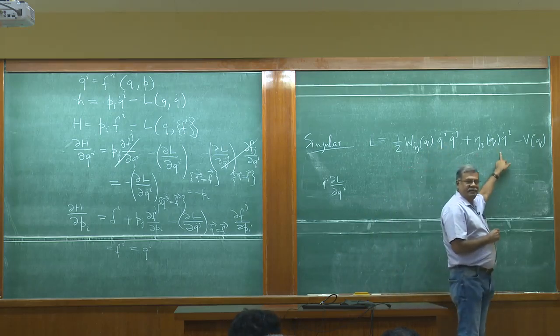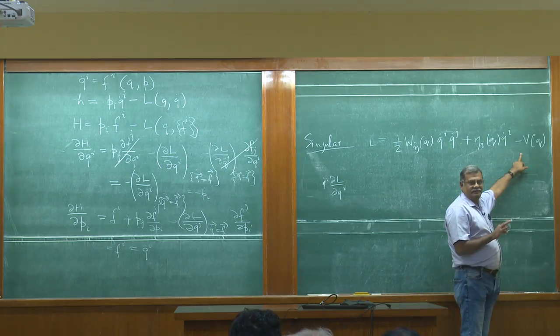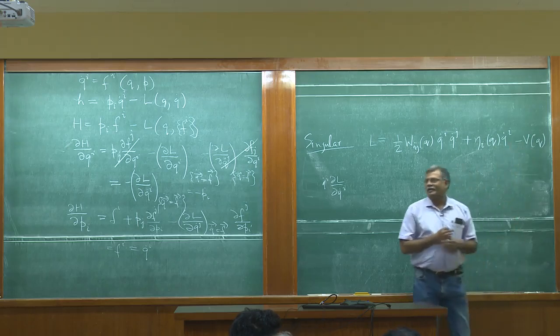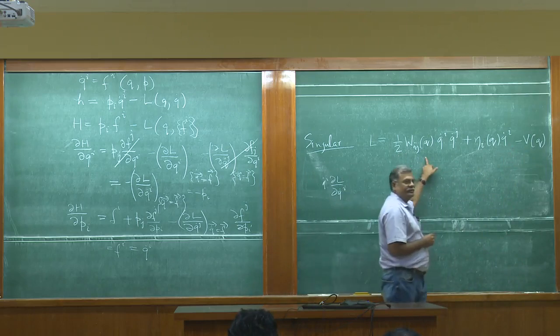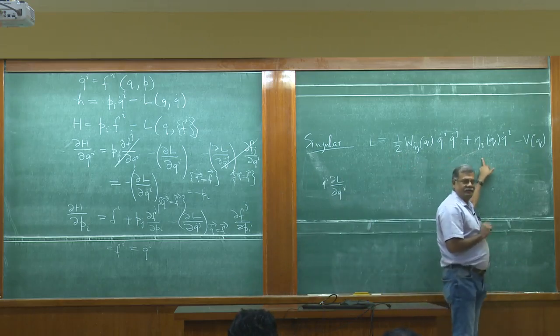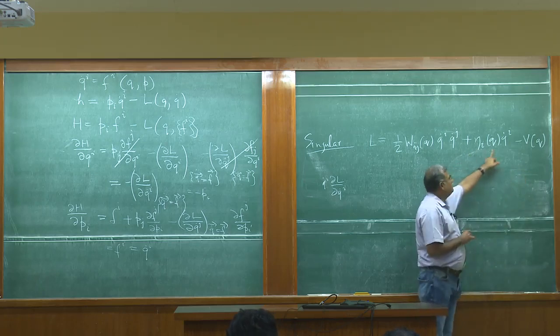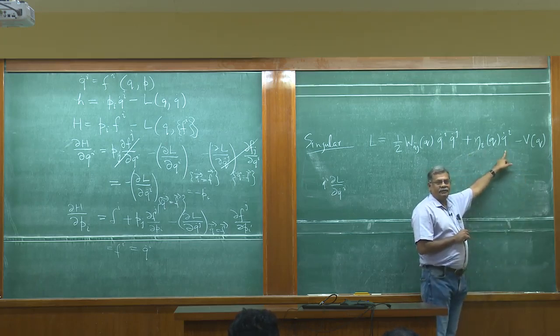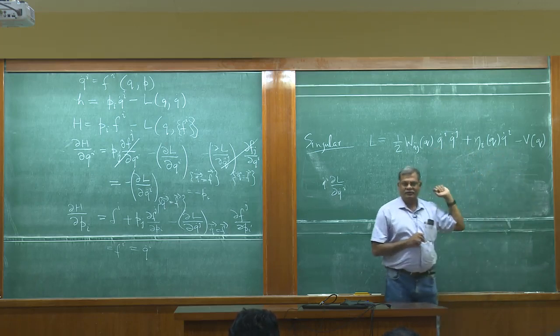This becomes the same thing as itself, and this thing vanishes, of course, since there is no q dot here anyway. So, this term is actually double this plus this, and when you subtract the Lagrangian from that, this piece cancels out, and you are left with this plus that, right?